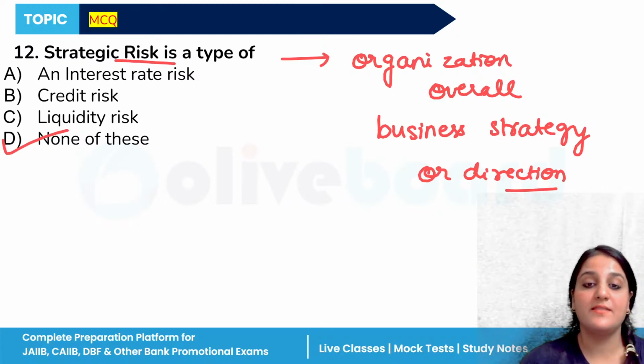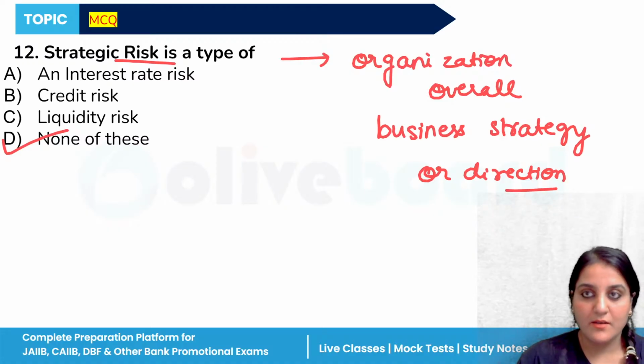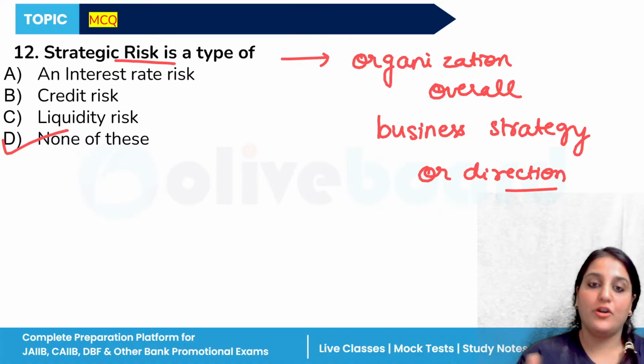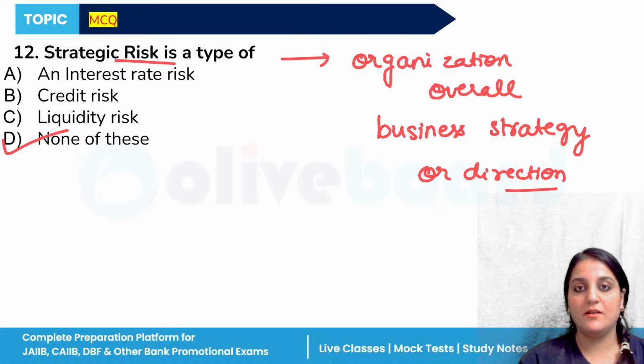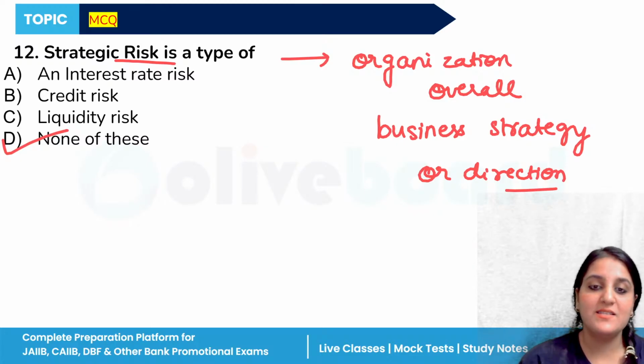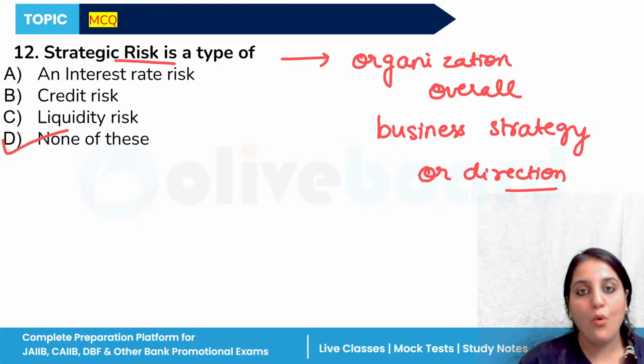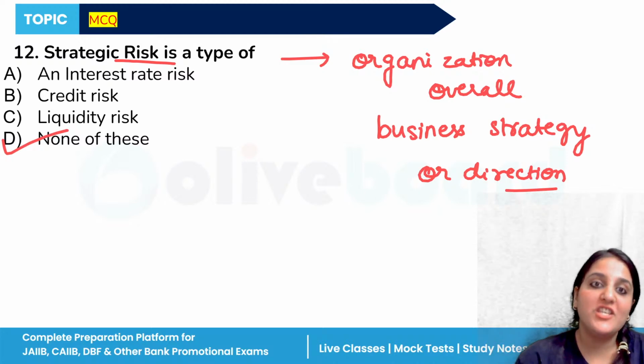A strategic risk example can be if there is any policy made by the organization, and that policy or those procedures provide direction to the overall organization for achieving its goal.